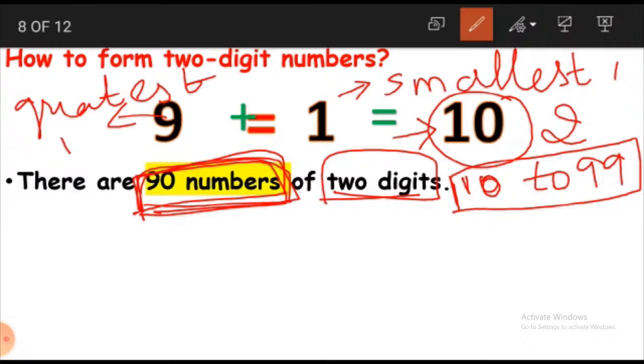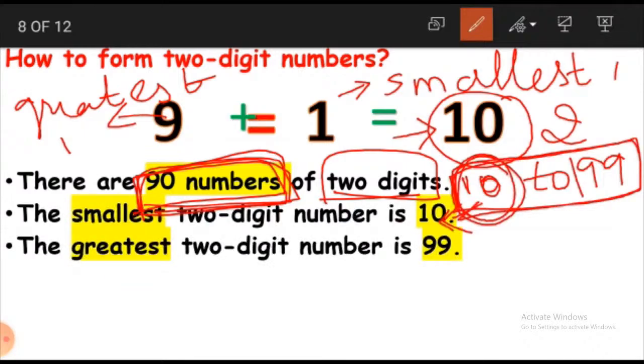As the 2-digit numbers start from 10, 10 becomes the smallest 2-digit number. And 2-digit numbers end at 99. Right? 99 is the last 2-digit number, which makes it the greatest 2-digit number as well. Again, let us revise from 1-digit numbers.